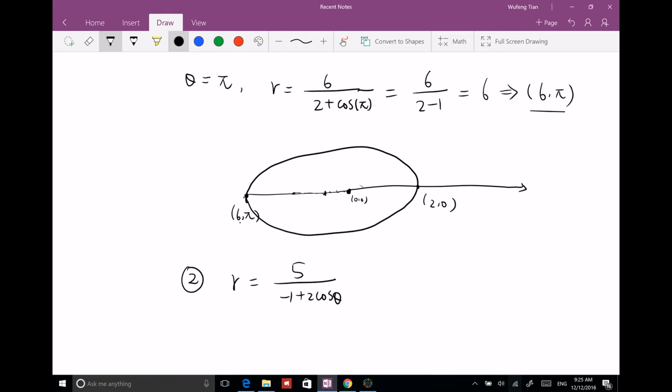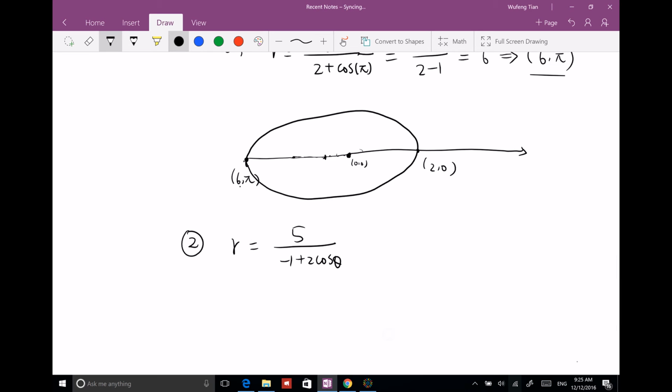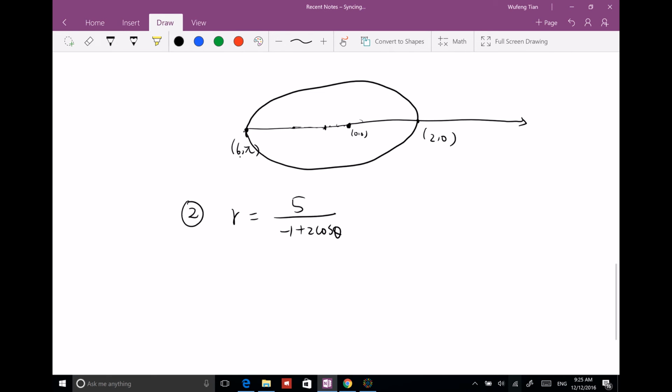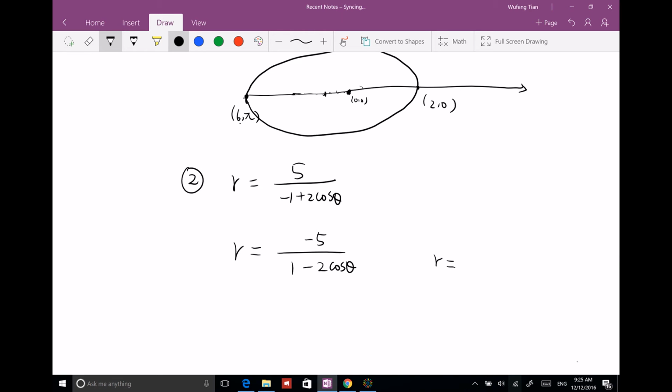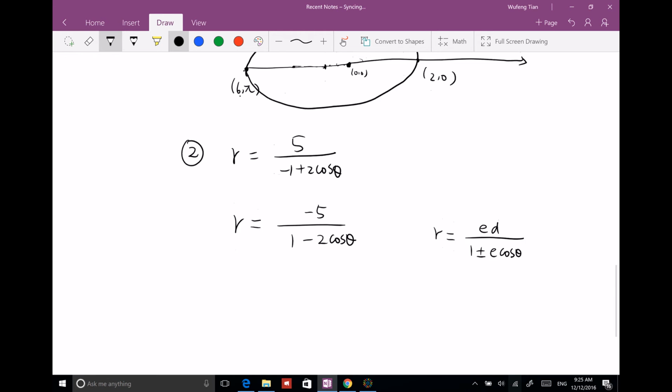Okay, so for this one, this is -1, not +1. So we divide both the top and the bottom by -1, to make sure this is +1. So you get -5 over 1 minus 2 cosine theta. We divided everything by -1 so that I can compare this with 1 minus e cosine theta. Plus or minus is either one, it's fine.